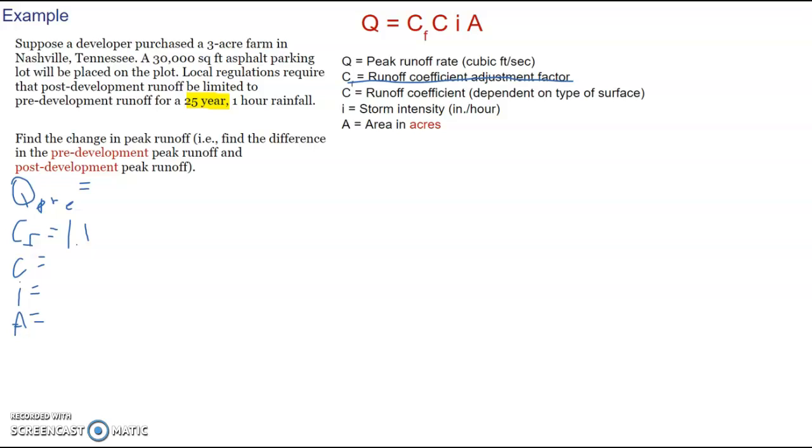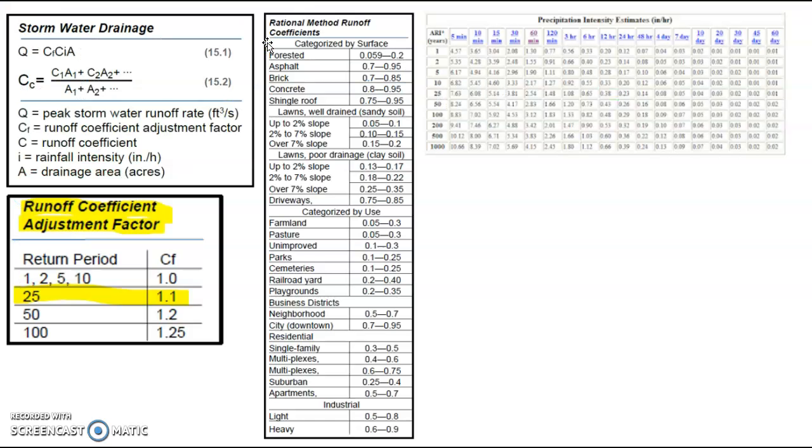Then our C is dependent upon surface. So we have a 3-acre farm. We're going to use this table for our C, and we're looking at farmland. Farmland could be anything from 0.05 to 0.3.